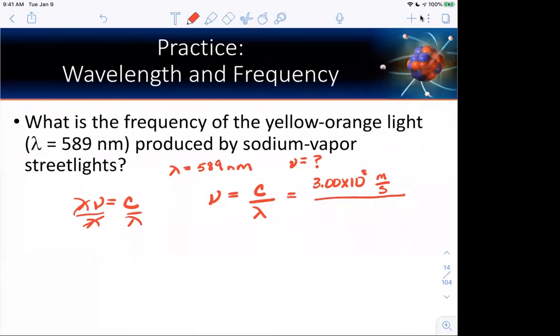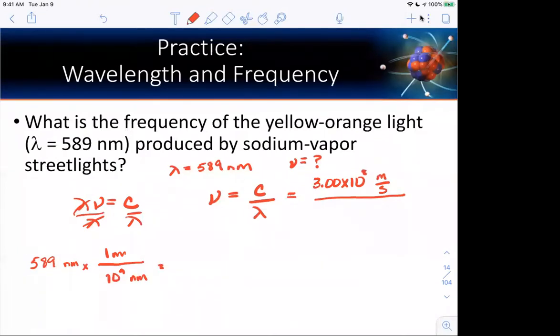To cancel out, my lambda has to be in meters. So one thing I can do is take my 589 nanometers. I know for every 1 meter, I have 10 to the 9th nanometers.